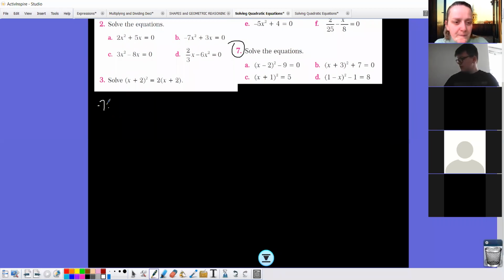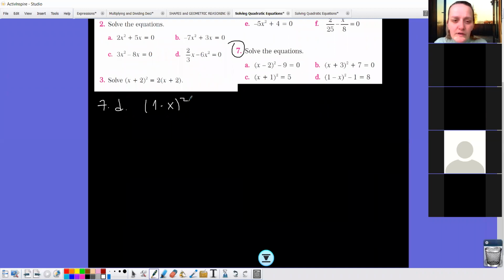Seventh one, D, says that (1 minus x) squared minus 1 is equal to 8, and we need to find x. You can expand the binomial square and solve like that. Or we can take minus 1 to the other side, and think of this parenthesis as one unknown.